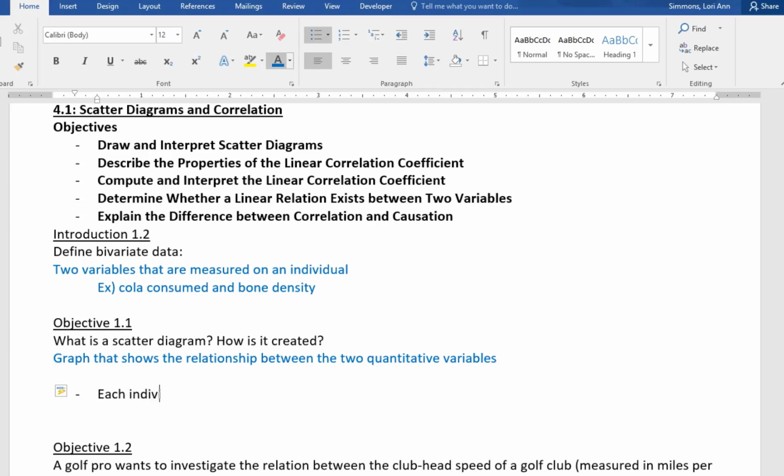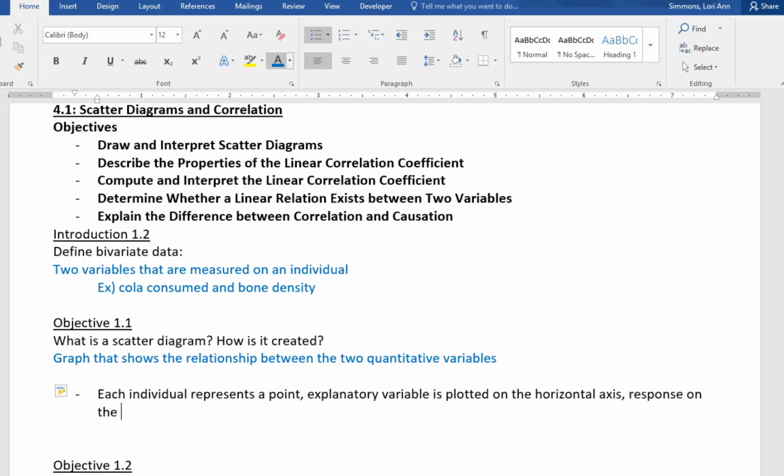Each individual represents a point. Explanatory variable is plotted on the horizontal axis, and the response on the vertical.